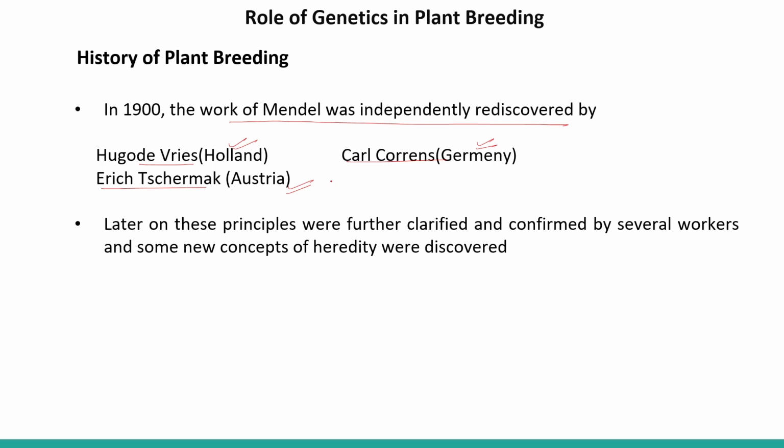They came up with the same results after 35 years that Mendel had already published. Later on, these principles were further clarified and confirmed by several workers, and some new concepts of heredity were discovered. So they found that Mendel had already discovered, 35 years back, these things which we were discovering now.